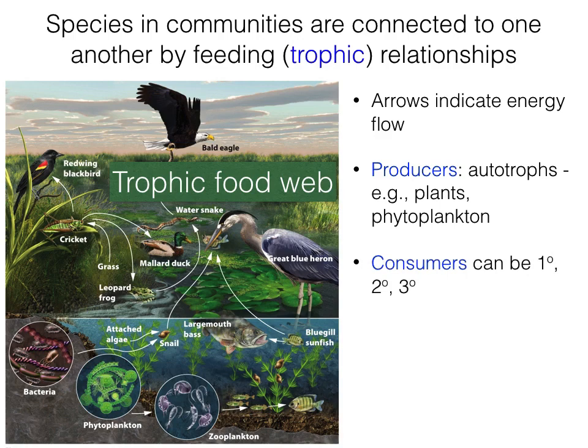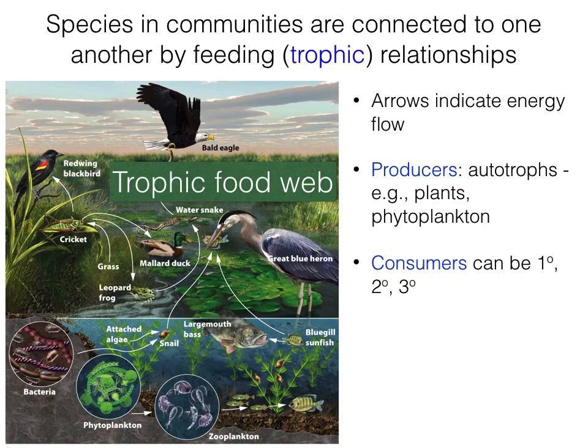Energy that's assimilated by producers moves through a set of species called consumers, and consumers can be herbivores or carnivores. Herbivores are primary consumers because they consume the producers at the base of the food web.